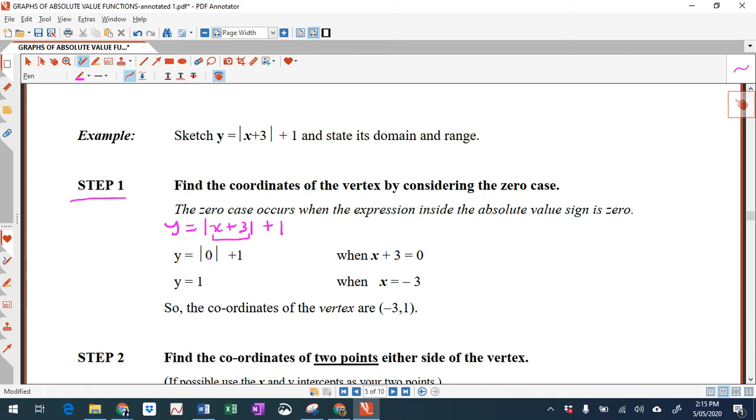So y equals the absolute value of 0 plus 1 when x plus 3 is equal to 0. Now, absolute value of 0 plus 1 simplifies just to 1, and x plus 3 equals 0 is equivalent to x equals minus 3. So that means we now have the coordinates of the vertex, negative 3, 1.